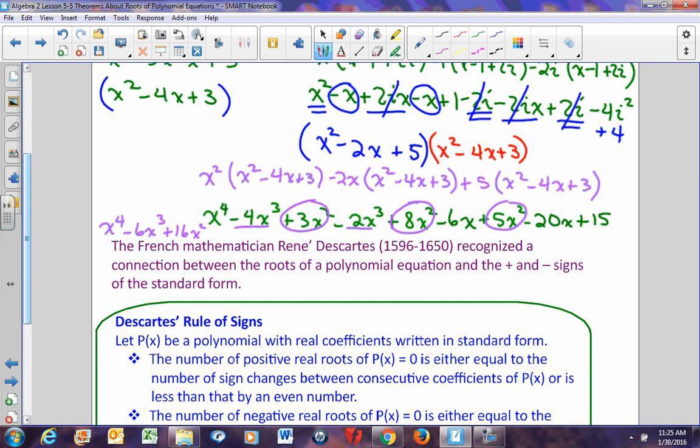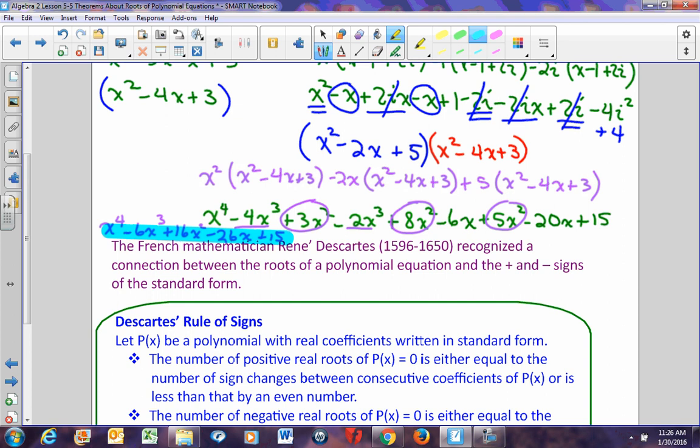And then I have a negative 6x and a negative 20x, which is negative 26x, and a plus 15. So the final answer to this problem is what I'm going to highlight, but it's really hard to see otherwise. Right there: x to the 4th minus 6x to the 3rd plus 16x squared minus 26x plus 15.